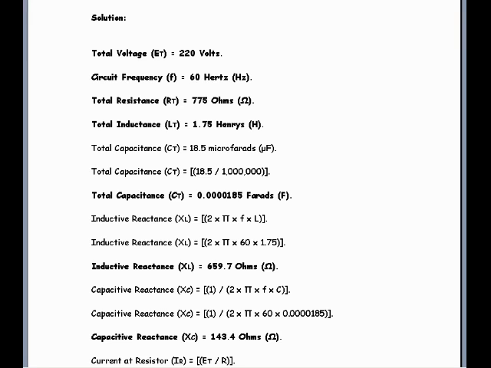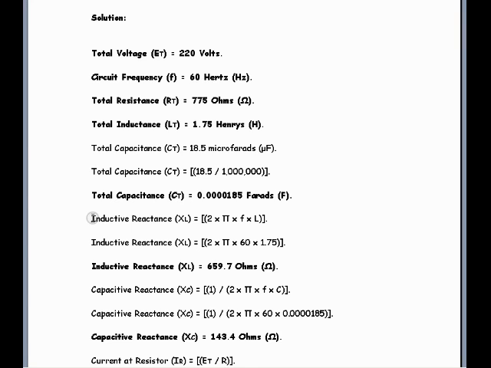Micro implies 1 over 1 million, or 1 millionth. So 18.5 divided by 1 million yields a whole value capacitance of 1.85 times 10 to the negative 5 power whole farads of total capacitance.